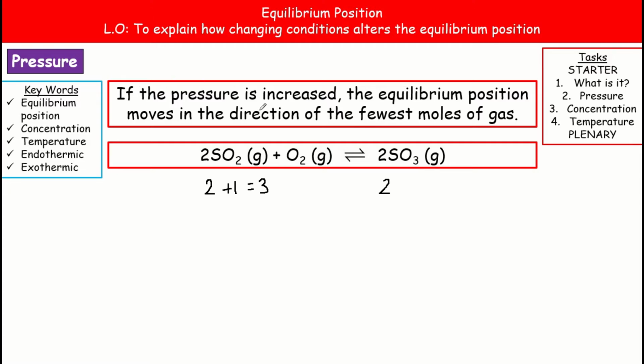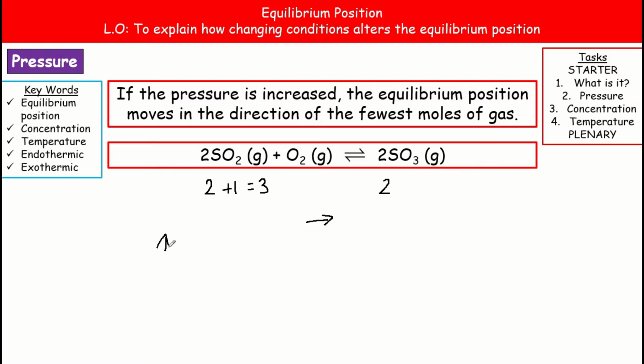and then we come back to our little rule. If we increase the pressure, the equilibrium position moves in the direction of the fewest moles of gas. So 3 is bigger than 2, so that means the equilibrium position is moving towards the 2 moles, the fewer moles.